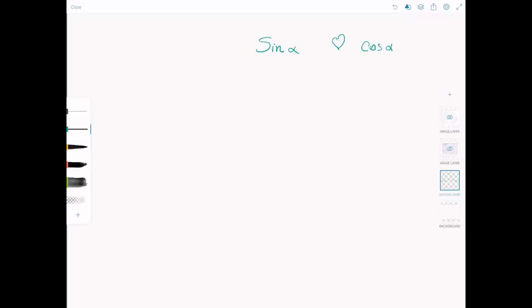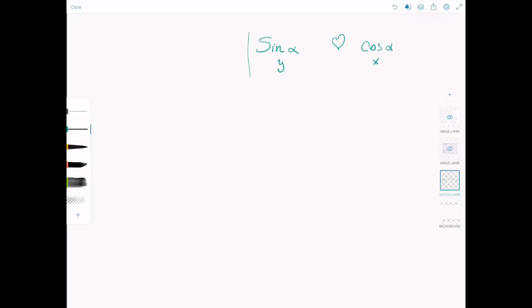We start learning the trigonometric functions from sine and cosine. We draw a unit circle with cosine representing x and sine representing y on the unit circle.